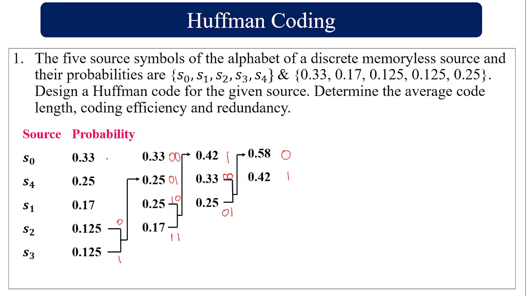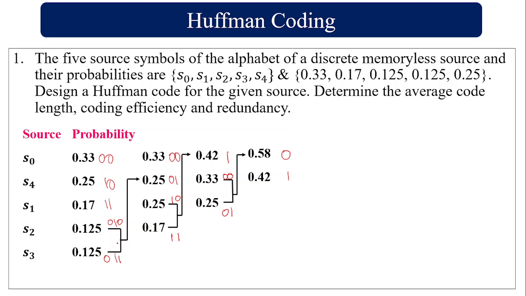Again, this 0.33 is 0 0 and this 0.25 is 0 1. This other 0.25 has the code word 1 0, and here 0.17 is 1 1. The sum of these two probabilities has given the new probability with code word 0 1, so prefix 0 1 to both.